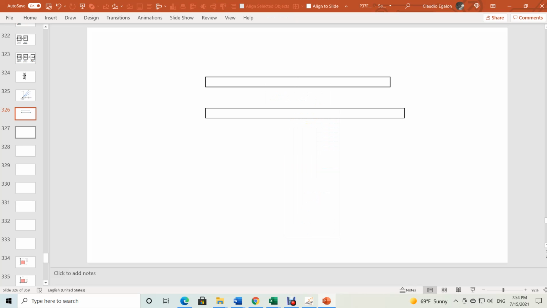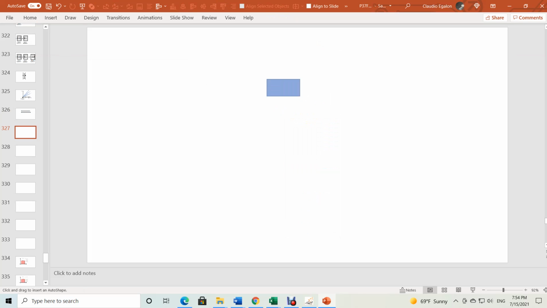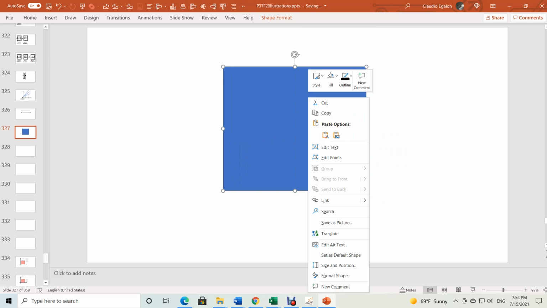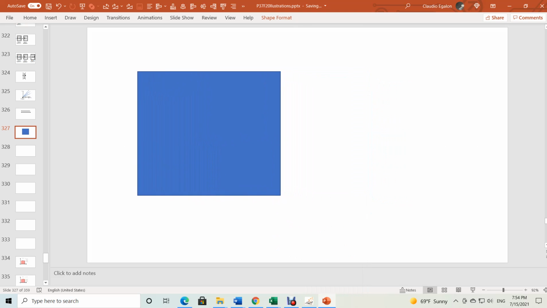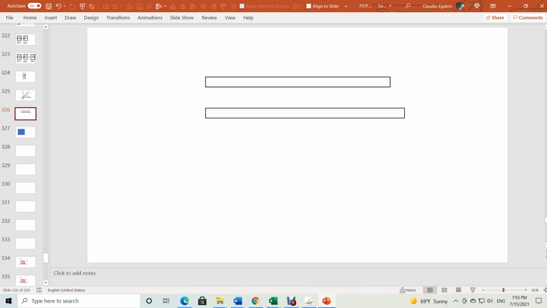Okay, but what if it's a plate? A plate in which one of the dimensions is not negligible compared to the other one. In the rod, this dimension here is negligible compared to the length of the rod, so we can neglect any expansion that might happen along this direction.